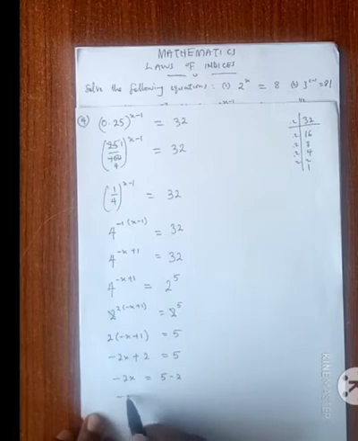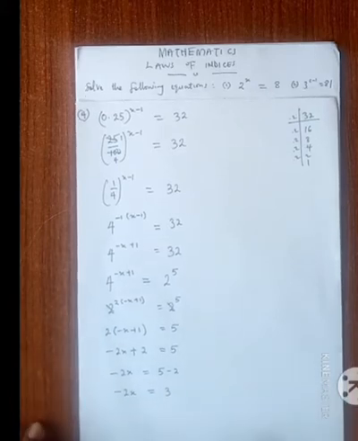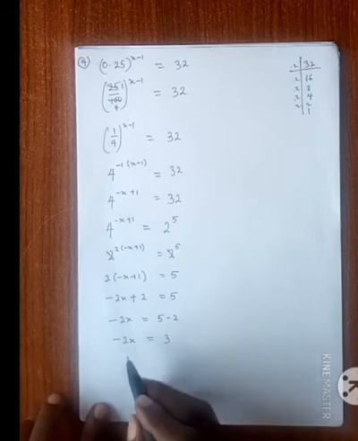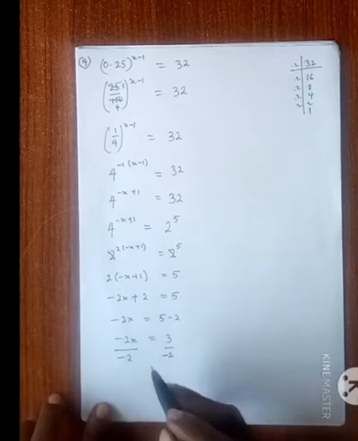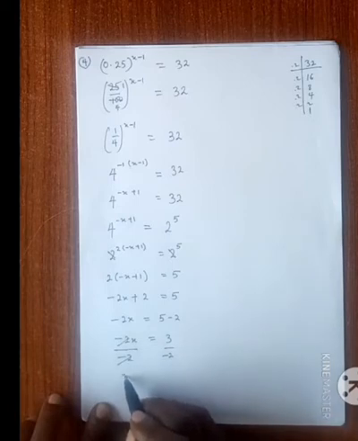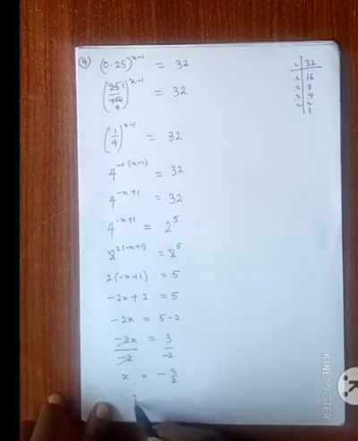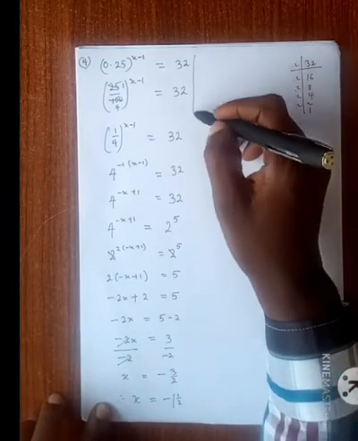So that becomes minus 2x is equal to what? 3. Now getting my x this time around means I will have to divide both sides by the coefficient of x. So divide both sides by what? By minus 2. So when this cancels this, x is going to be minus 3 over 2. Therefore, x here can as well be written as minus 1 whole number 1 over 2.